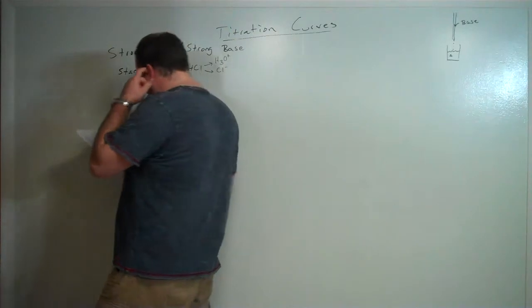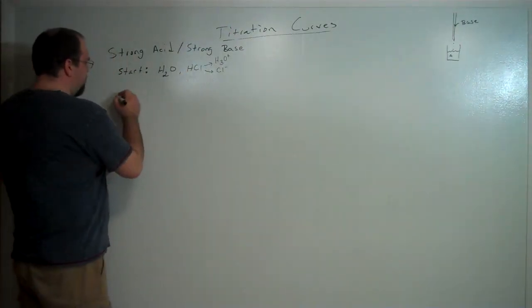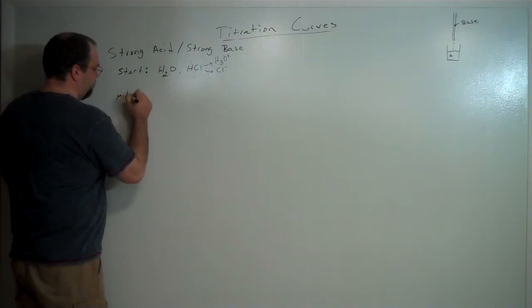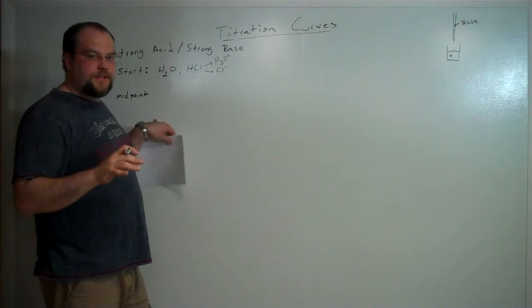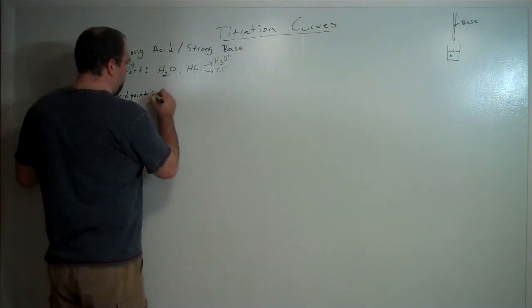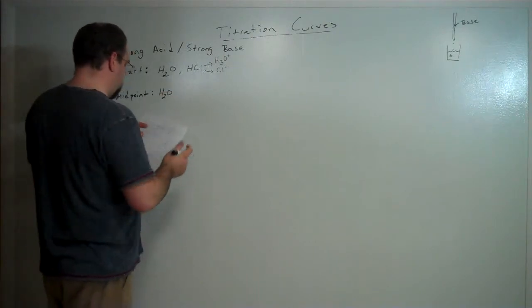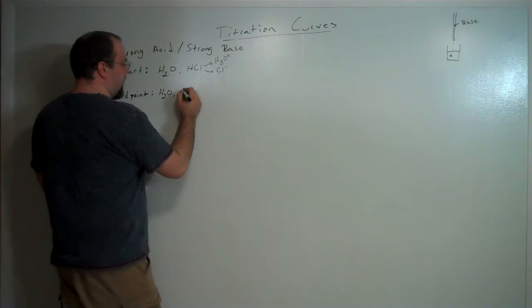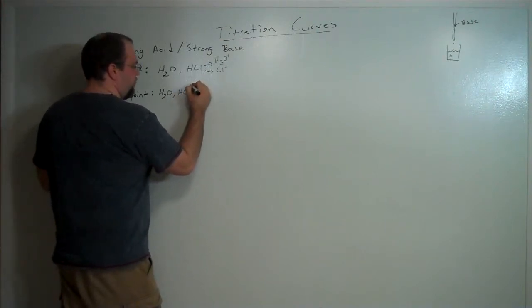Okay. Now, at the midpoint, and I'll tell you what the midpoint means in a second, we are going to have our water, because we will always have water. We're going to have some HCl, which we know is a lie.